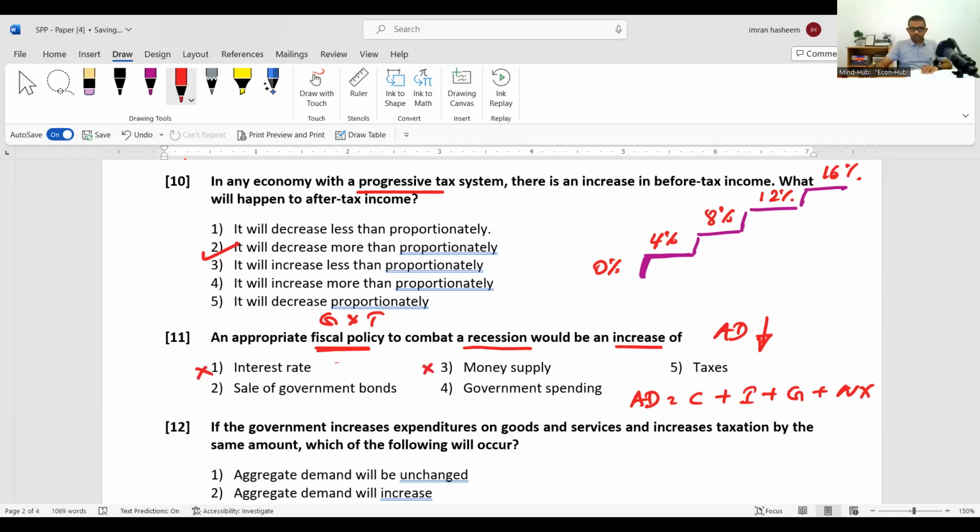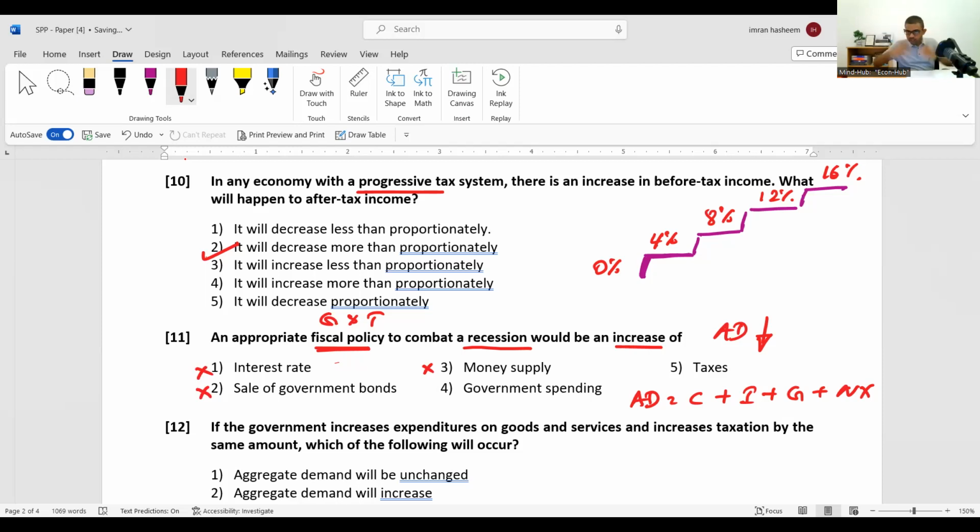Number 2, sale of government bonds. That's again monetary policy. Once you learn money and banking fully, you don't get caught by that, because selling government securities, bonds, is an open market operation that comes under monetary policy measures done by the central bank. Anyway, if you sell bonds, you are absorbing liquidity.